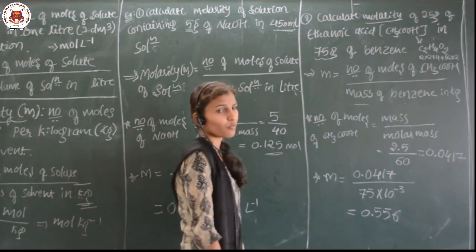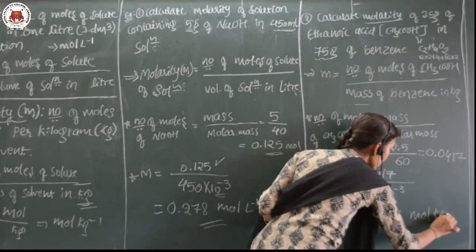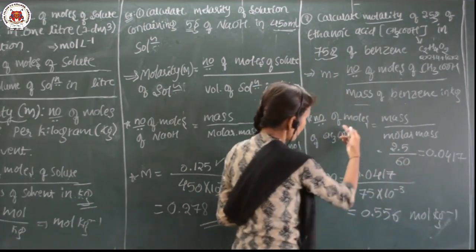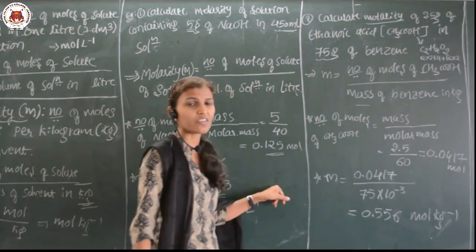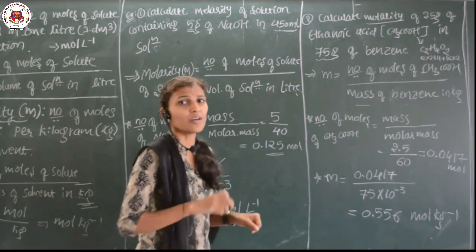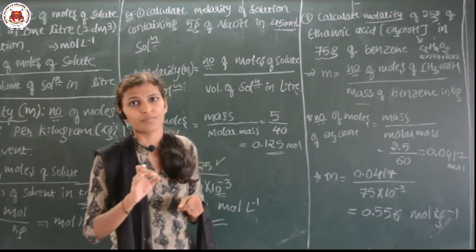So what is the unit for the molality? Mole per kg. Here number of moles means you have to write in terms of mole. So this is how we can explain the problematic part. I hope you understood.